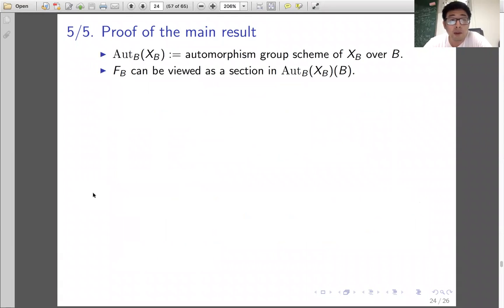Okay, now we denote by Aut_B(X_B) the automorphism group scheme of X_B over B. Every connected component of this group scheme is of finite type, but it may have infinitely many connected components. And our automorphism F_B can be viewed as a section of Aut_B(X_B).